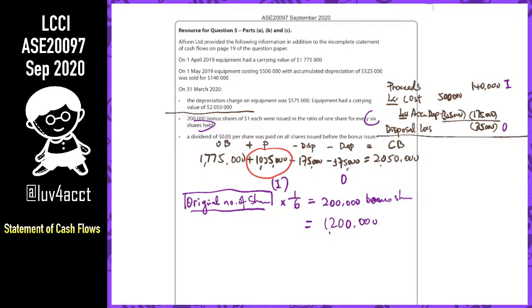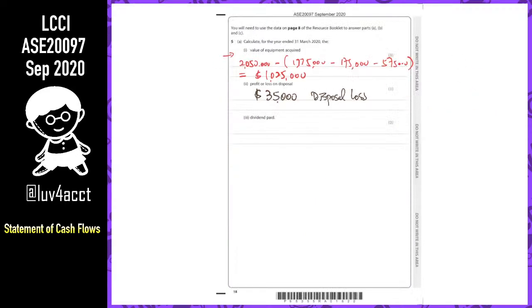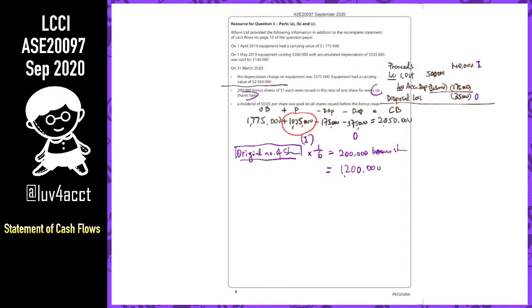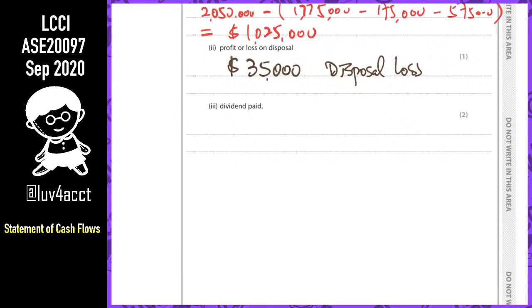So 0.05, we can do it directly here. Dividend paid: we have just now 20,000 multiplied by 6. This is the original number of shares, and for each share 0.05.